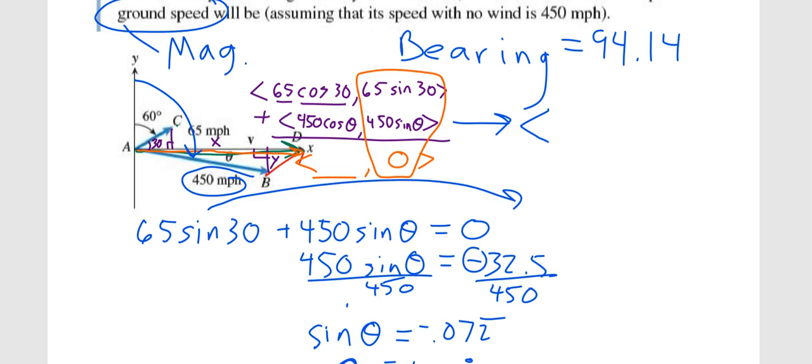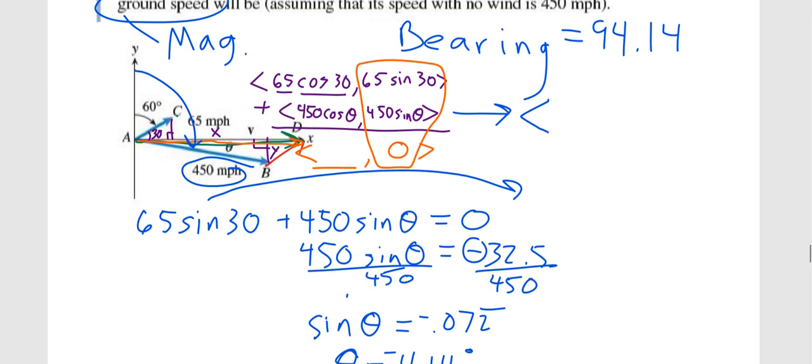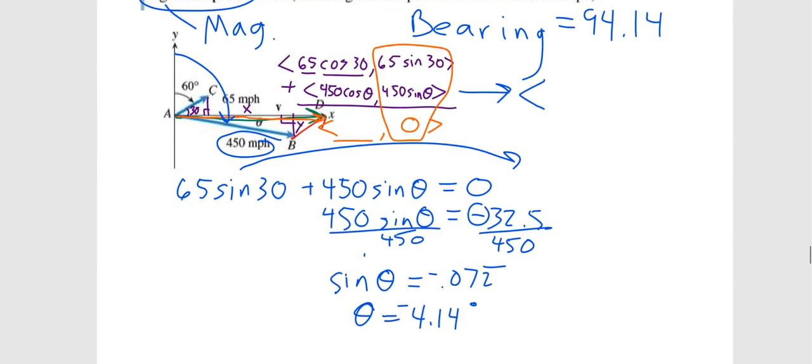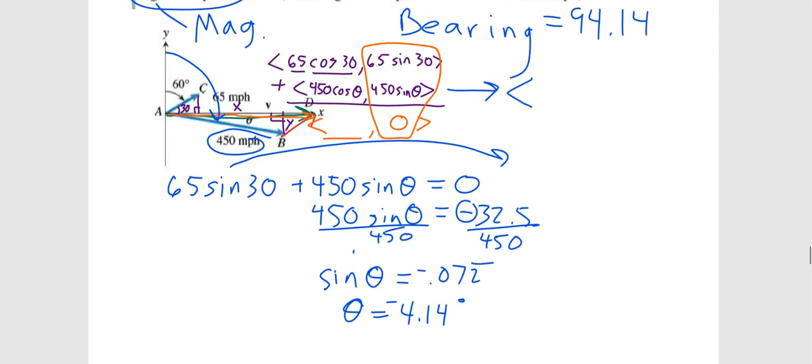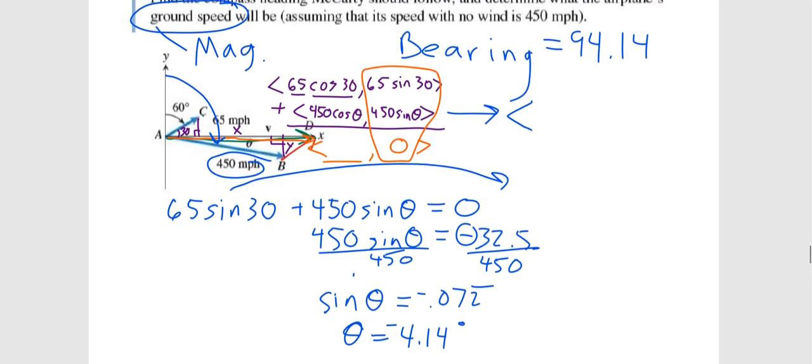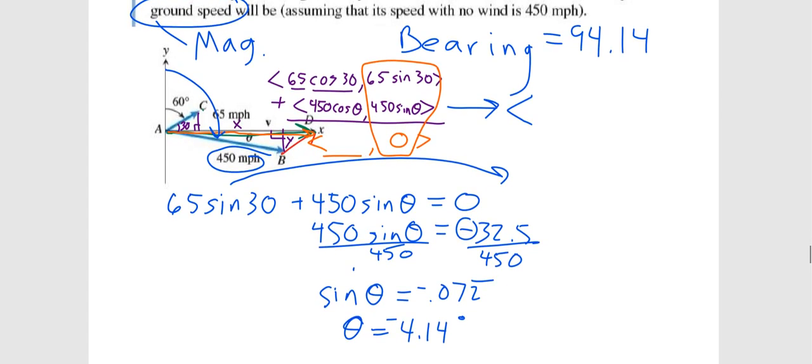Now, that answers the overall direction she should head. But it doesn't answer the second part, which is the ground speed of the airplane, which is the length of the green vector. I still don't know. You guys still haven't told me how to find that second vector completely. It says 450 cosine theta. What's theta?